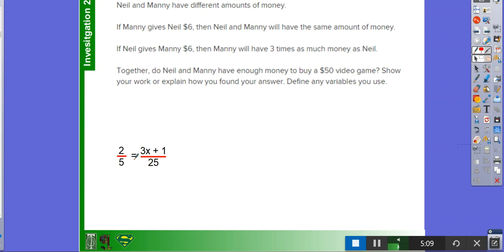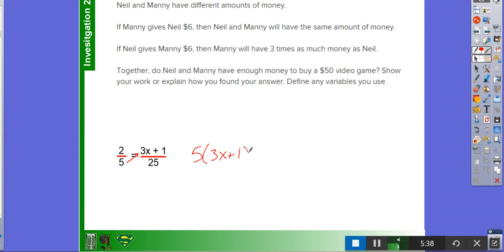That is right. Okay, so I won't do the injustice of asking you to raise your hand if you remember cross multiplication. Let's just do it. In cross multiplication, this is really the best way to solve a proportion because it will work every time, no matter how algebraic the expression gets. So we're going to multiply 5 times 3x plus 1.